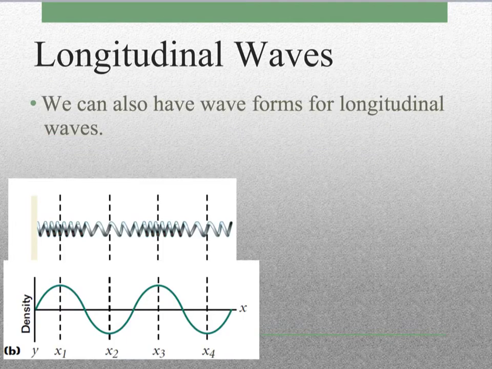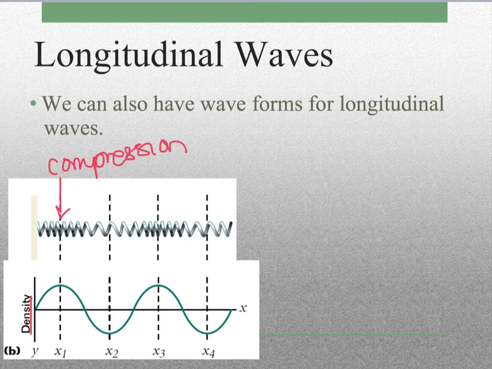When we have longitudinal waves, we can also have waveforms for the longitudinal wave. What we do is translate it into what looks like a transverse wave. But in this one, the parts of the graph that are positive correspond to the parts that are more dense. See here it says density. Here at the compression, it's more dense, and so we end up with our graph above the zero line.